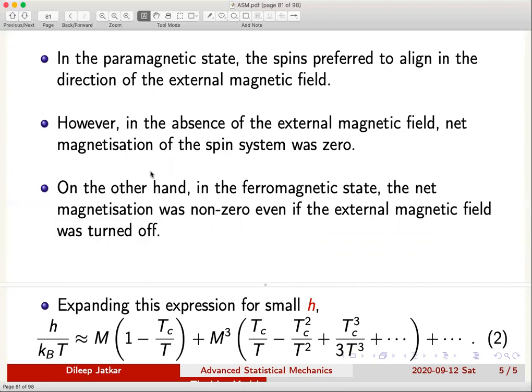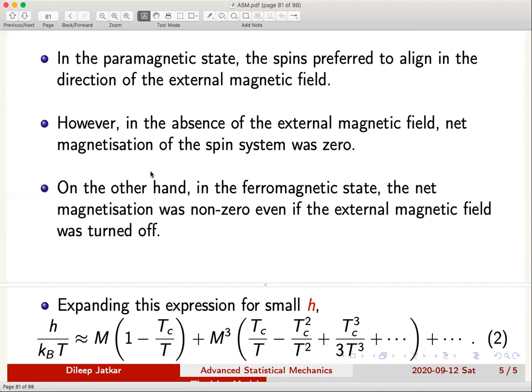Now, of course, you may want to have external magnetic field turned on while the system is undergoing the transition, because if you do that, then the system may have a larger number of spins aligned in one particular direction, and therefore you would have some effective magnetization. If not, then it is possible that the system would consist of a large number of domains which are smaller in size compared to the system size, and their vector addition would turn out to be essentially zero, and therefore may not lead to any effective magnetization even below T equals Tc.